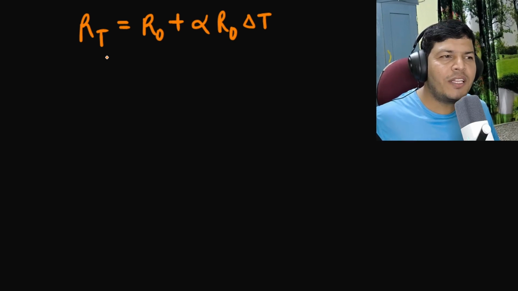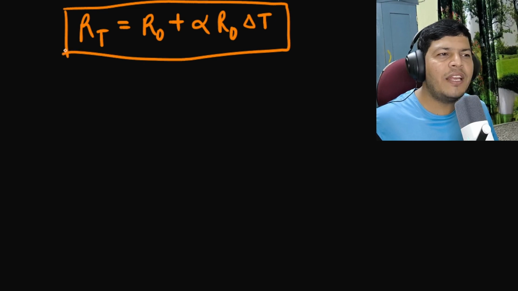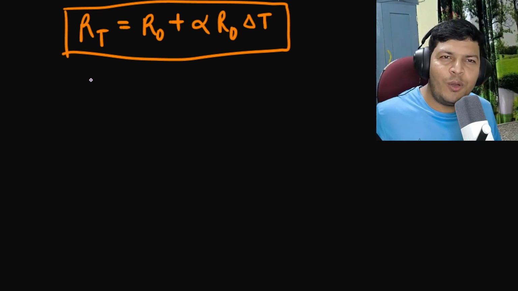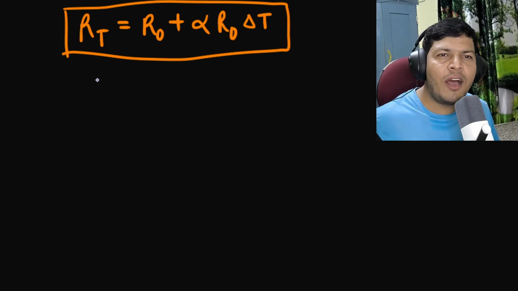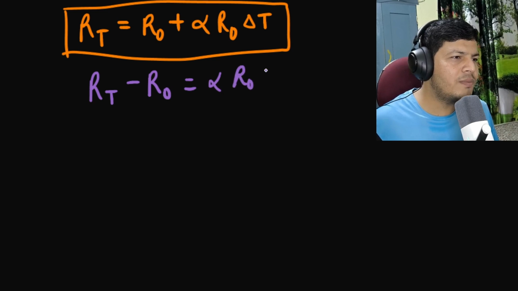Let me tell you one thing. This is the relation based on which we'll have numericals in board examination. For this, I will prepare one separate video especially for the numericals based on this part. Now, I want to find out the value of alpha from this equation. So how can I get this? Just rearranging the terms, let's take R0 to the left side and then write this down.